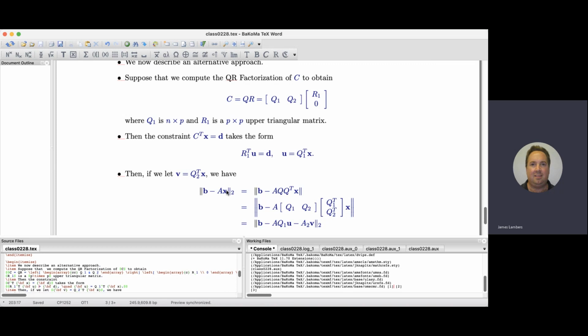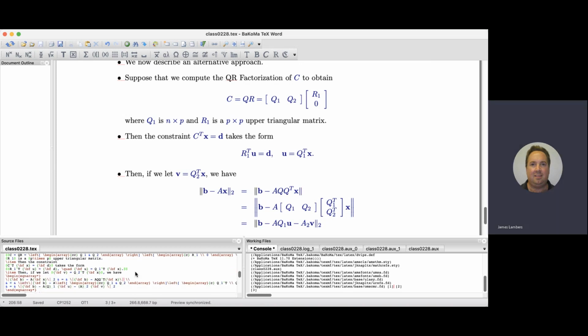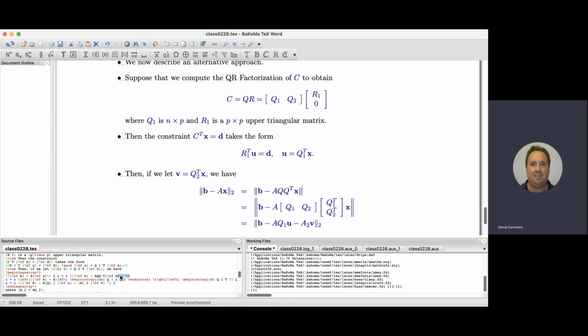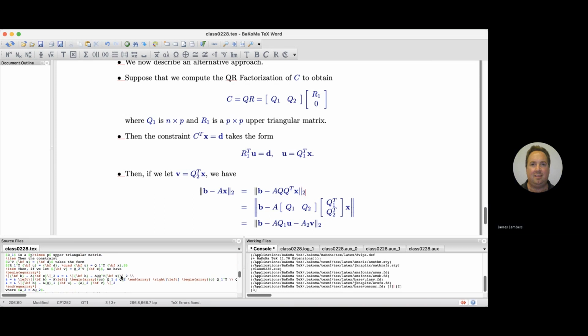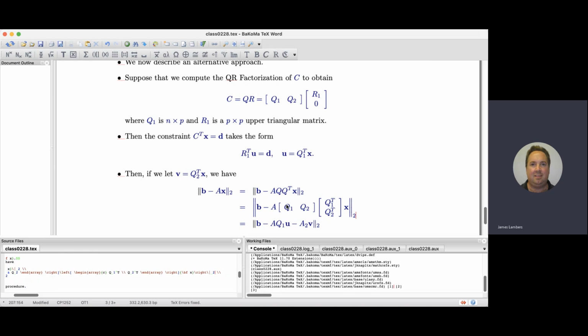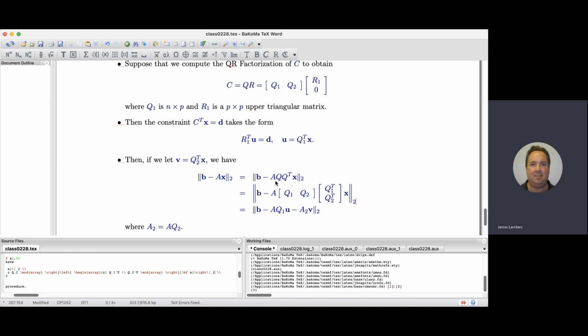Now, I want to minimize the norm of B minus AX. I forgot all my subscripts here; all of these norms are two-norms.